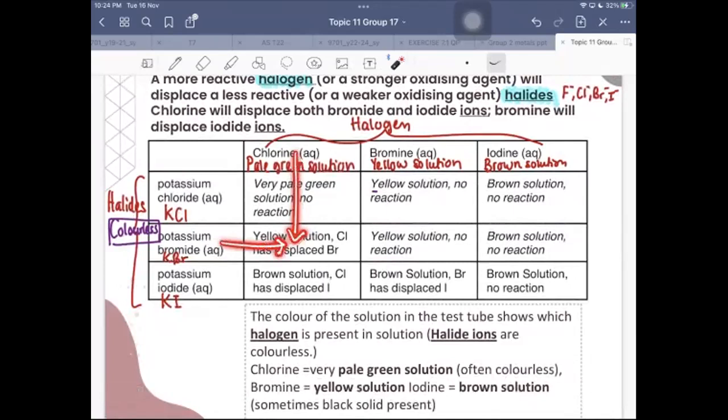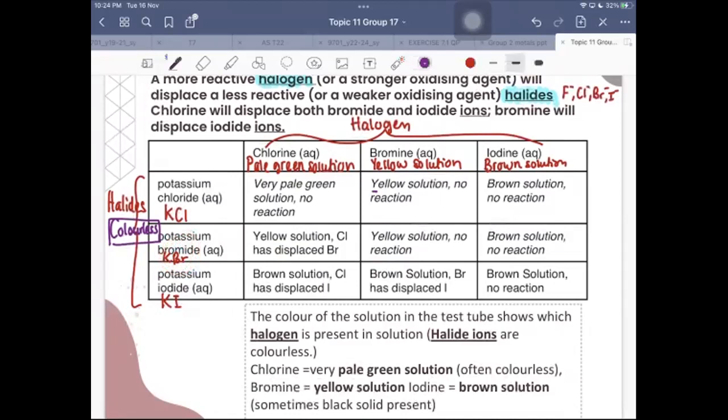I wouldn't call it an oxidizing agent because bromide is actually a reducing agent, but I'll leave that for later. Okay, so chlorine can actually displace bromide. So what happens is that your pale green chlorine reacts with the potassium bromide to form bromine.